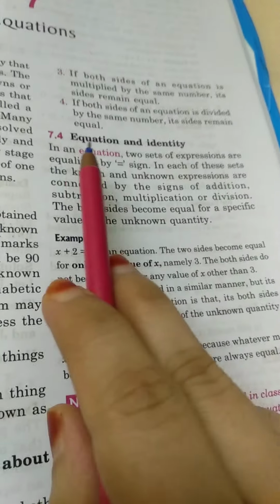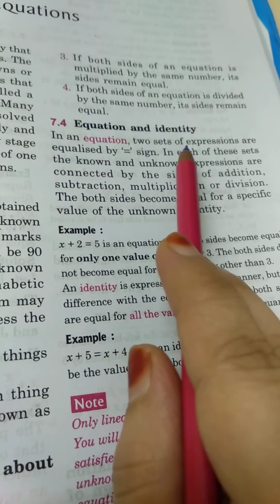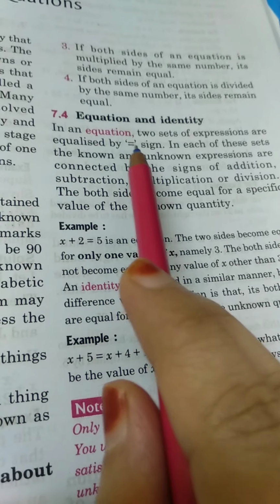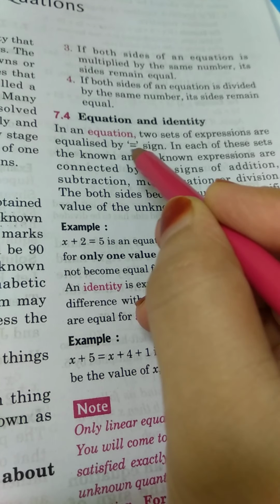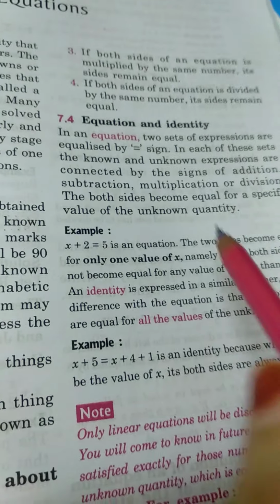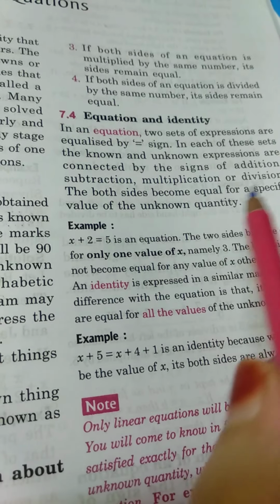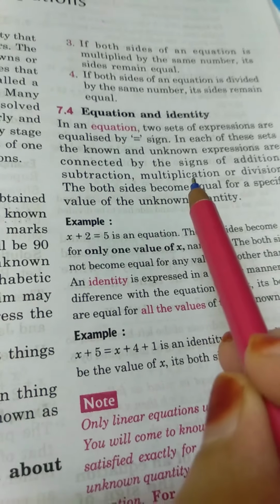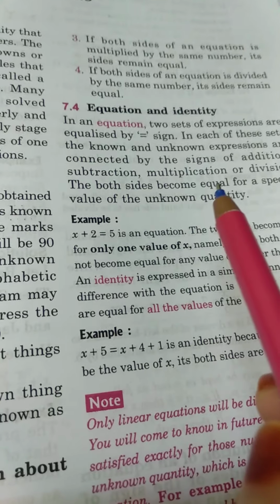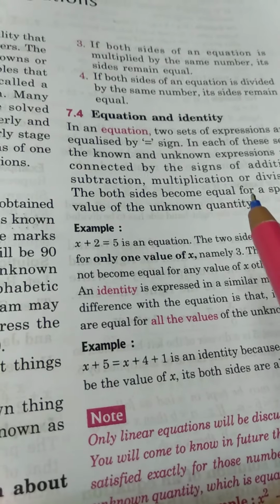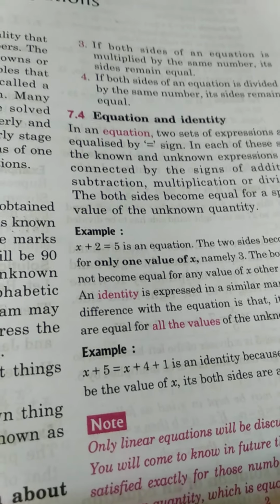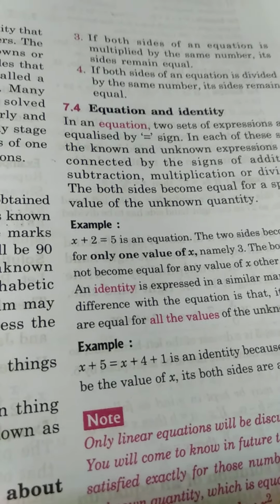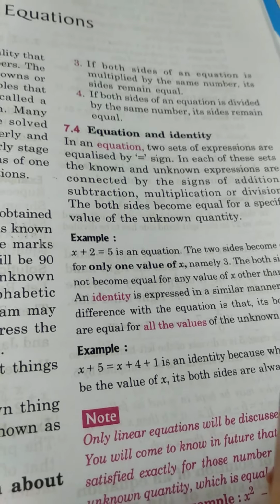Now what is an equation and an identity? In an equation, two sets of expressions are equalized by an equal sign. This sign is your equal sign, okay? In each of these sets, the known and unknown expressions are connected by the signs of addition, subtraction, multiplication or division. So in these statements, we will work on addition, subtraction, multiplication and division as well.